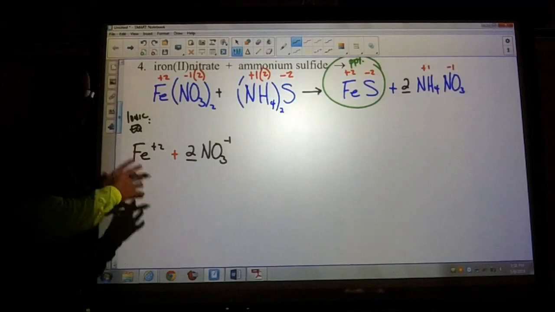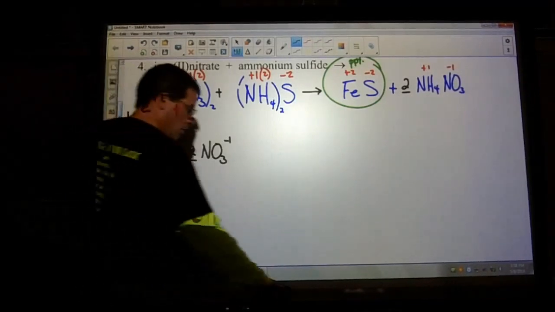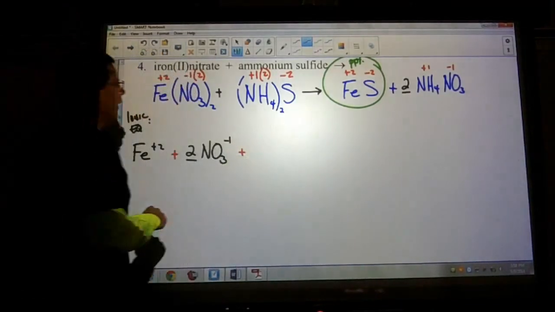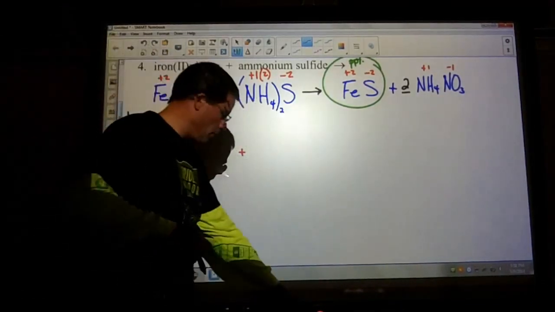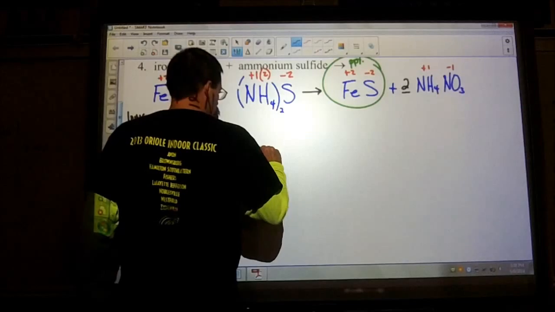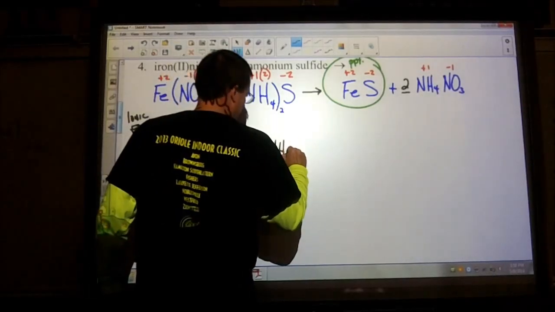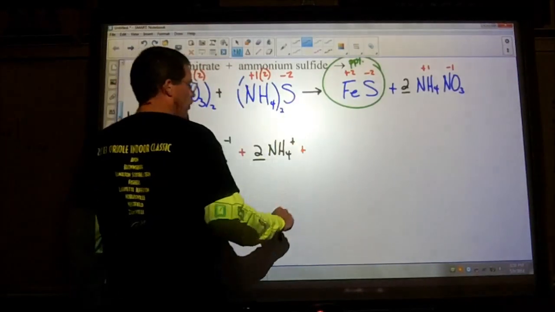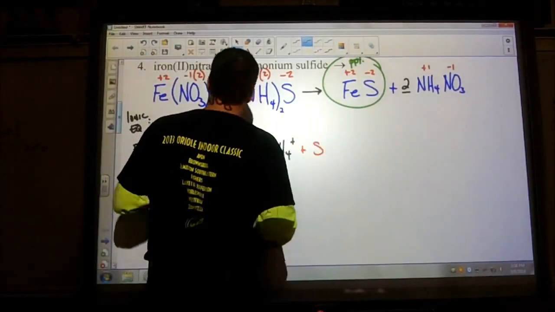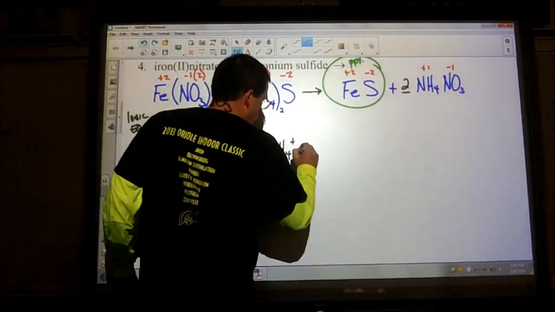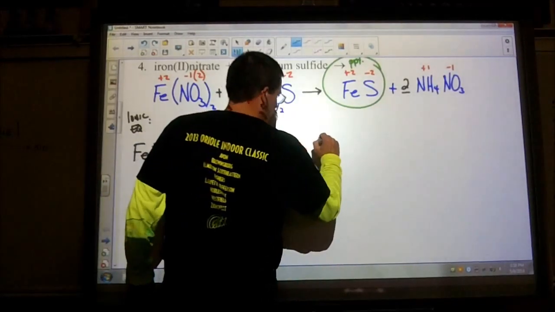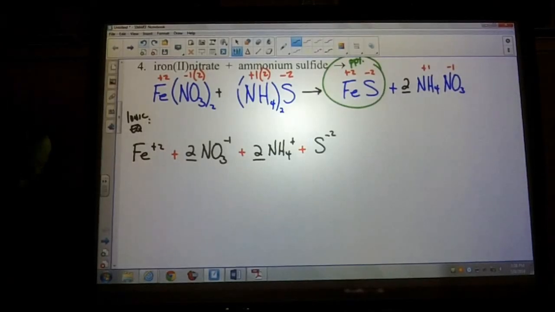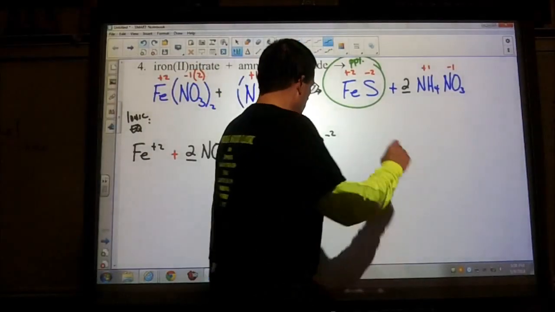These are individual nitrate ions in solution. And then I have 2 ammonium ions, so 2 with NH4. Also I have 1 sulfur with a -2 charge. That looks a little better, that's a little smaller. Okay? Then we arrow.